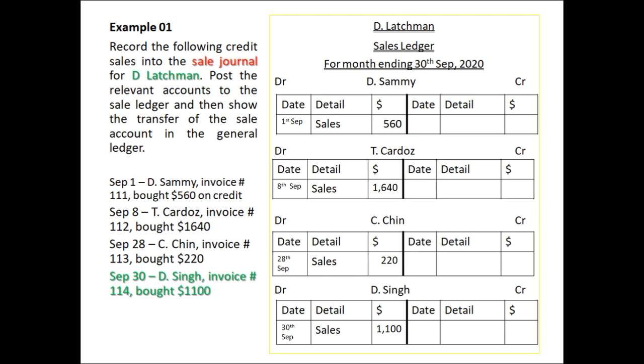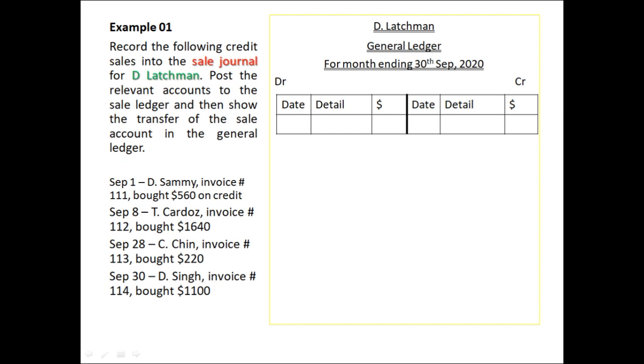To prepare the general ledger, you need to add up all the figures in the sales ledger or the sales journal, and the total should be the same as the sales journal, which is $3,520 when we add up all the figures. And then we create the heading. We name it the general ledger for the month ending 30th of September 2020.